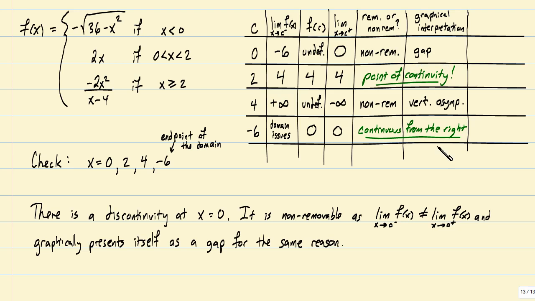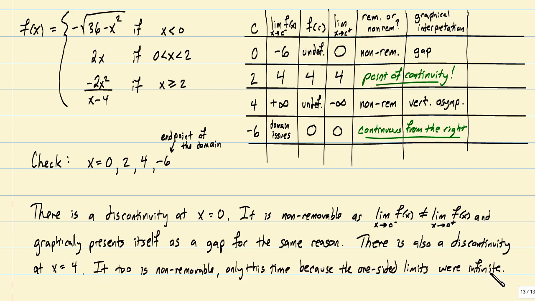And the graphical interpretation was a gap. So that's how it graphically presents itself. And again, this is due to the fact that the left and right limits disagreed, even though they did exist. We also note that we have a discontinuity at x equals 4, so we write that down. We classify it as non-removable, citing why it's non-removable.